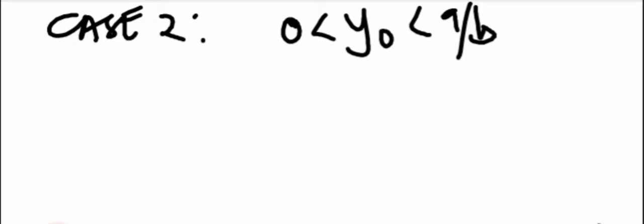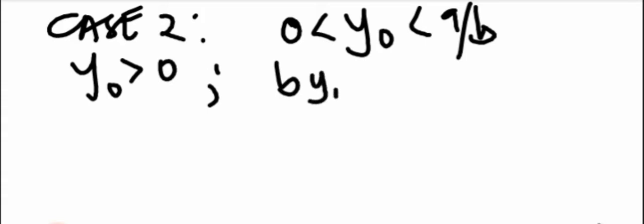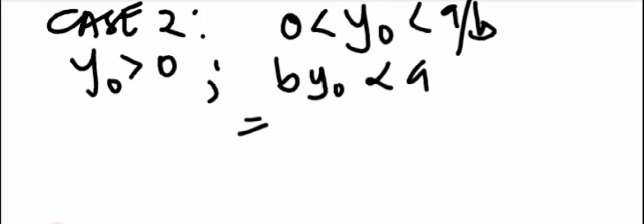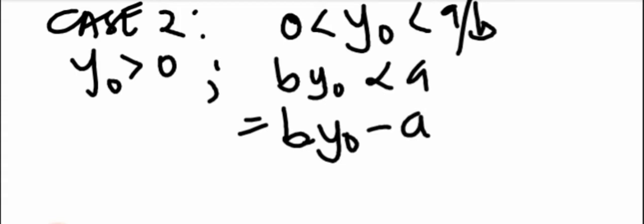It means that first of all, y naught is bigger than 0, and then b y naught is less than a. I'm considering this part. I multiply through by b. This implies that b y naught minus a is less than 0.